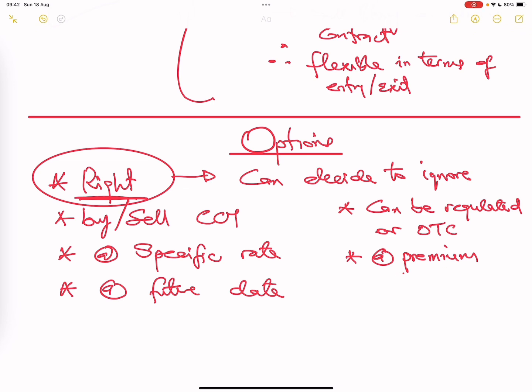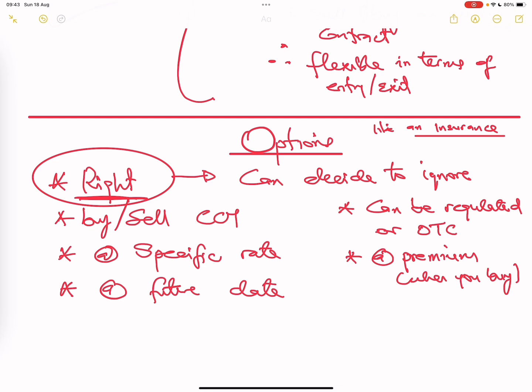Whoever is selling that option to you will not be carrying your risk for free, because when you buy an option, the easiest way to explain it is that it's like you are buying an insurance.